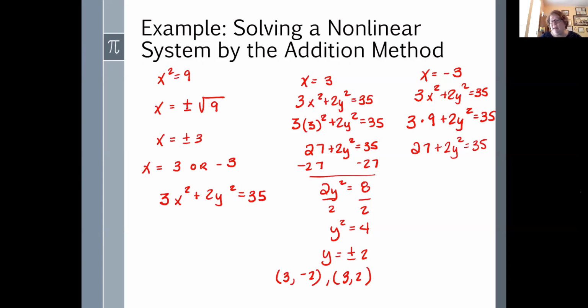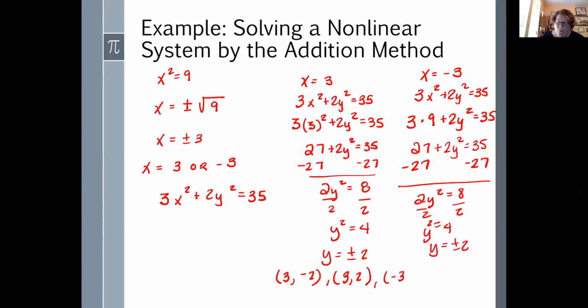So when x is -3, y can be 2 and -2, exactly the same results, because when I square x, it's positive. So I'm going to get the same result for the two y's. So now when x is -3, y can be -2. And when x is -3, y can be +2.